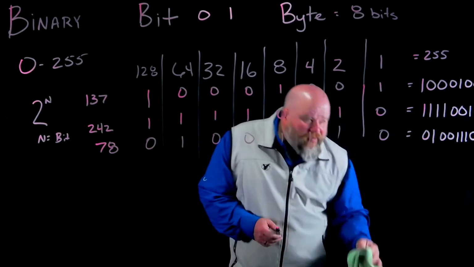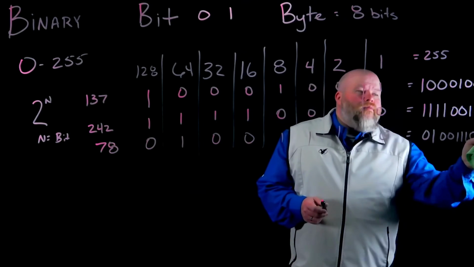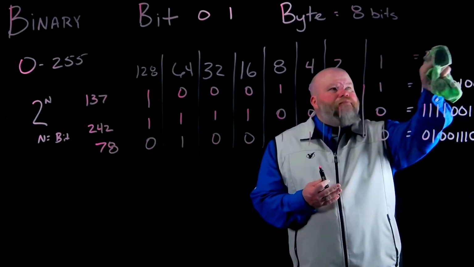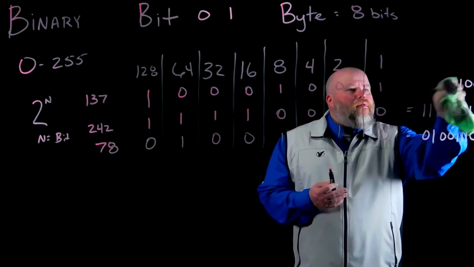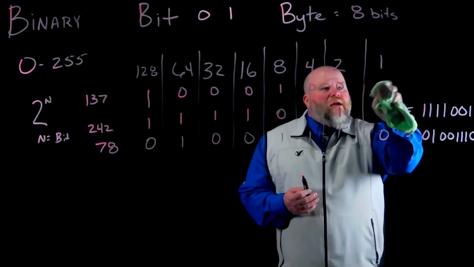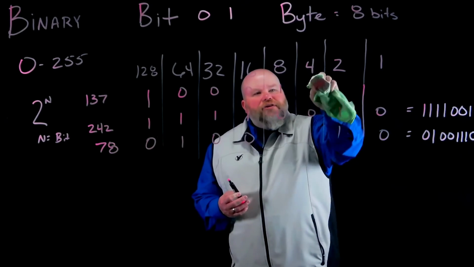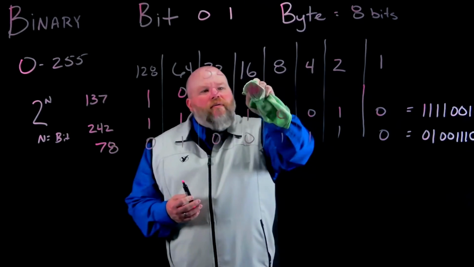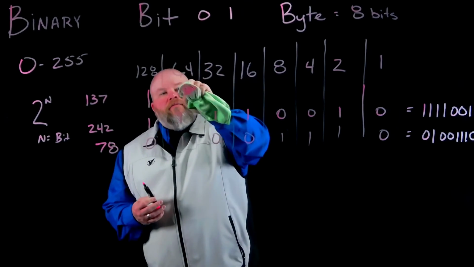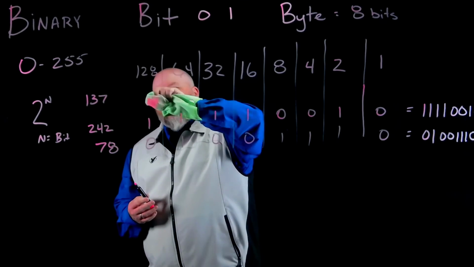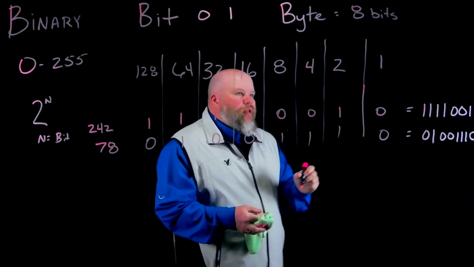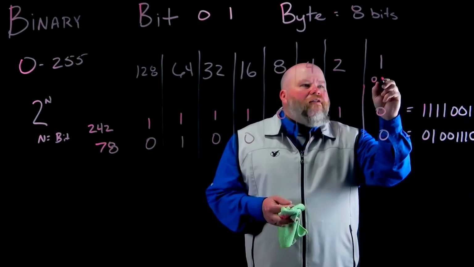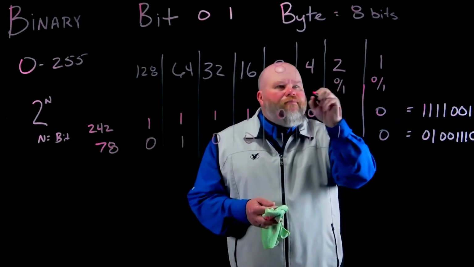So I want to review now what we've learned thus far. Binary is a method of demonstrating whether a value is on or off and getting large-scale values out of the system by that resultant on or off state.